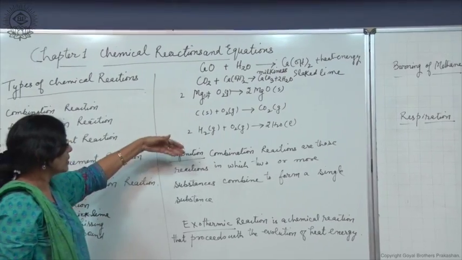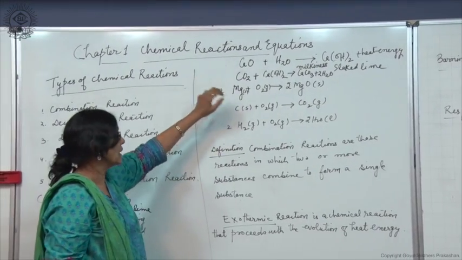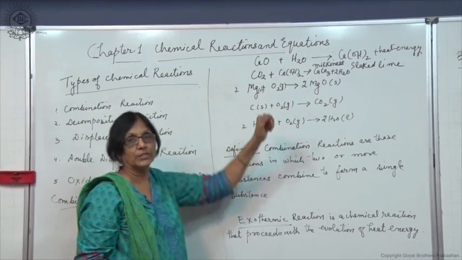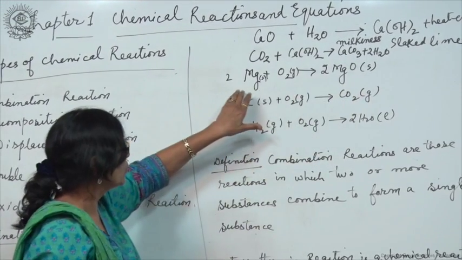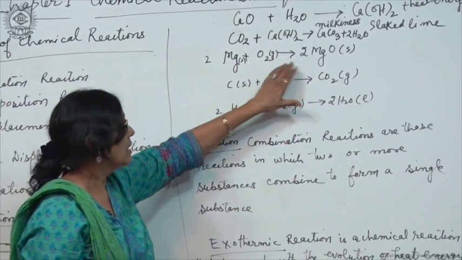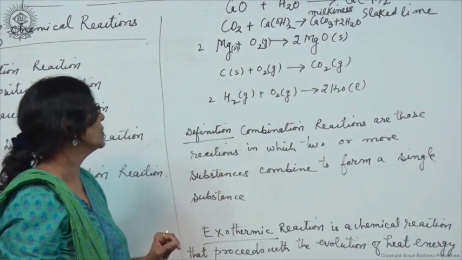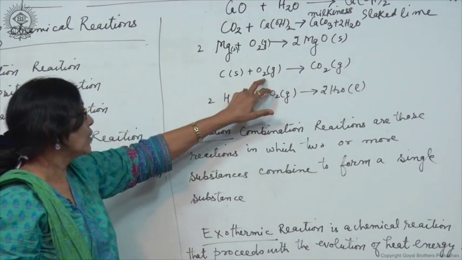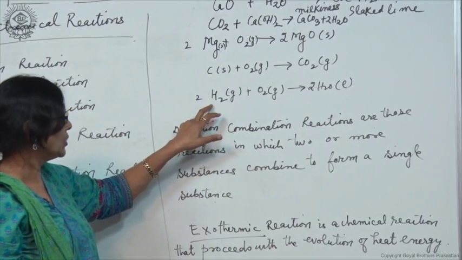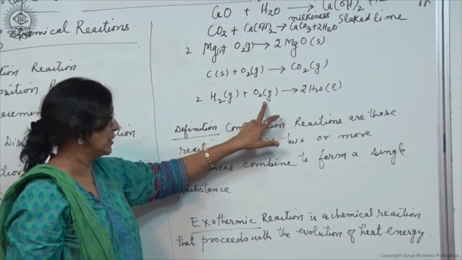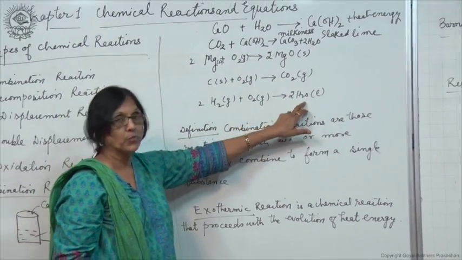We can discuss some more examples, like, as we discussed earlier, when magnesium ribbon is burnt in air, it forms magnesium oxide. Here you can see two elements are combining and forming a single compound. When carbon is burnt in oxygen, then carbon dioxide gas is produced. When hydrogen is burnt in air, it reacts with oxygen and forms water.